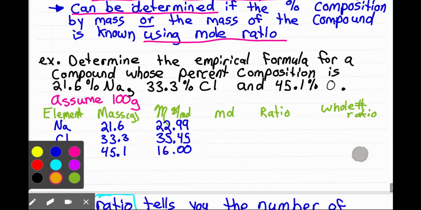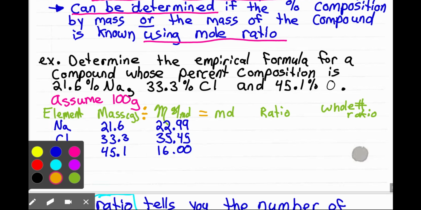And just remember that number of moles is basically mass divided by molar mass. Right now, you guys should at this point be able to really quickly, without a conversion factor, calculate number of moles from mass and molar mass.